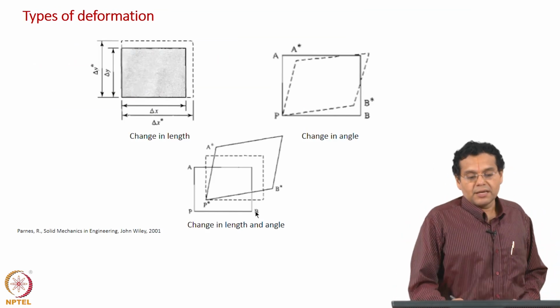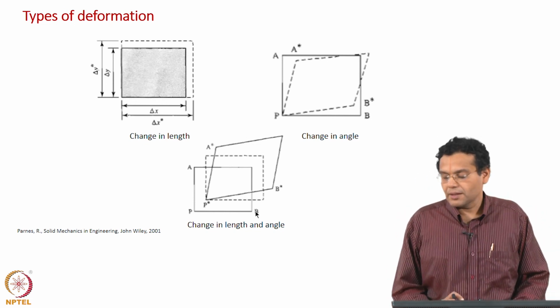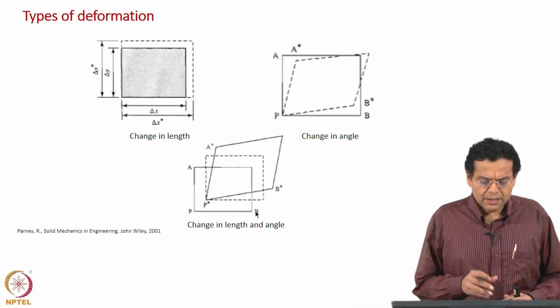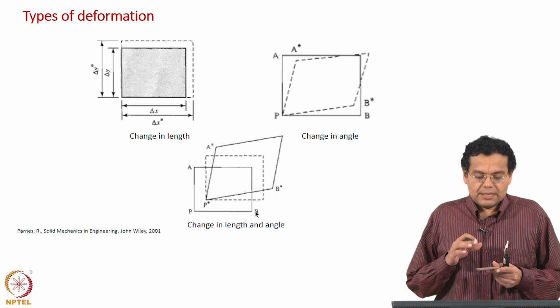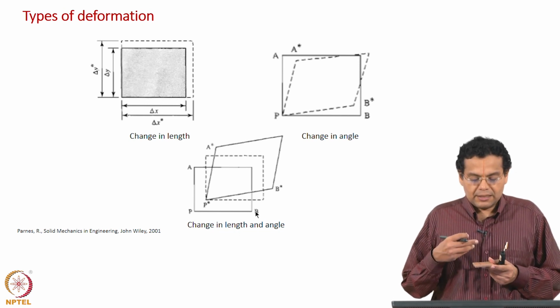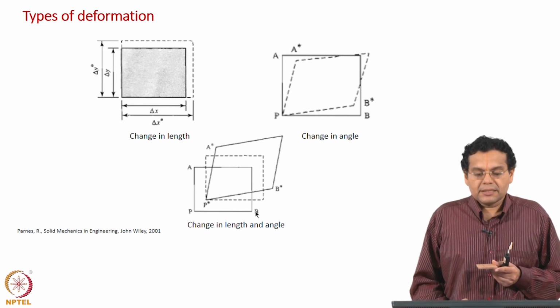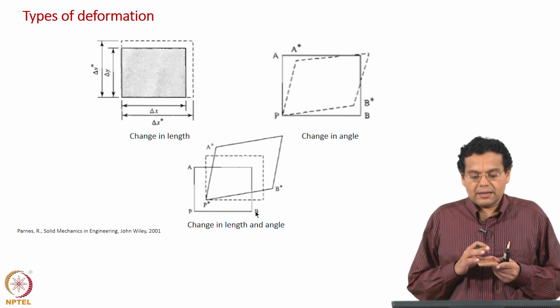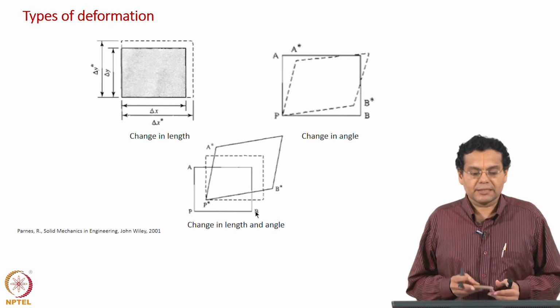Let us start with types of deformation. How do you visualize this? We take a plate and let us say it is subject to some force, and because of the action of the force there is a change in the dimension along the x direction and a change in the dimension along the y direction.